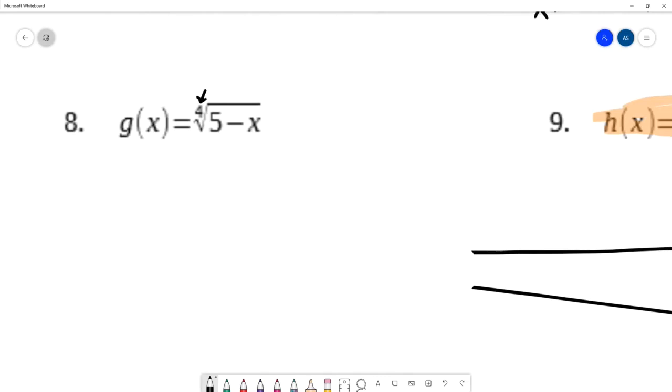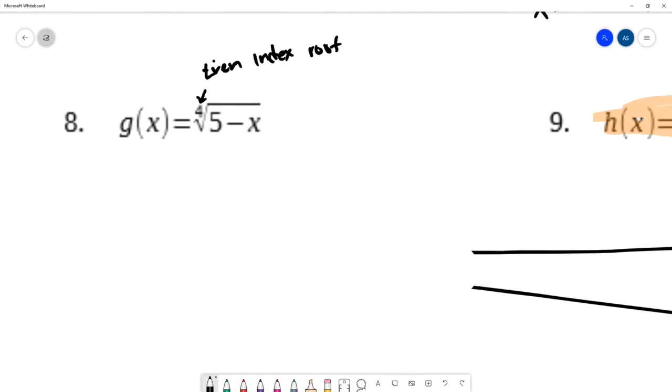The index is 4. You have g of x equals the 4th root of 5 minus x. So that is an even index root. And even index roots have restrictions.